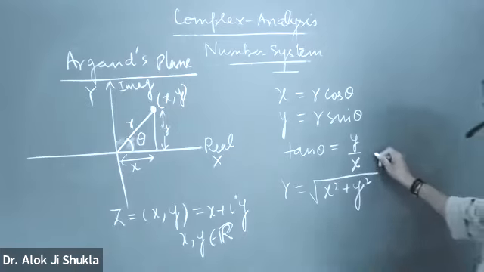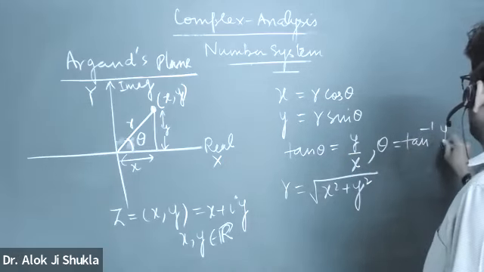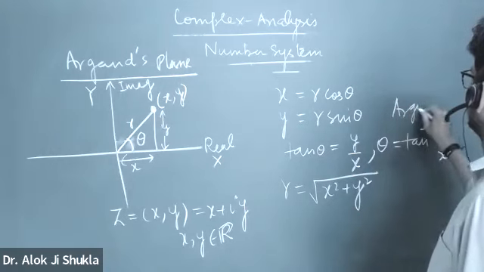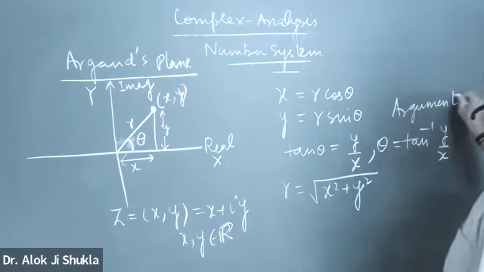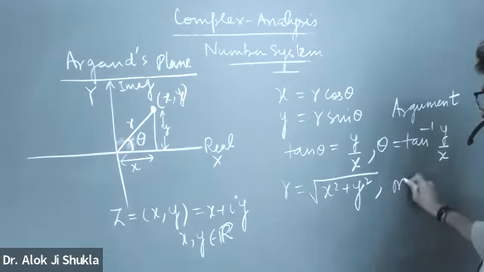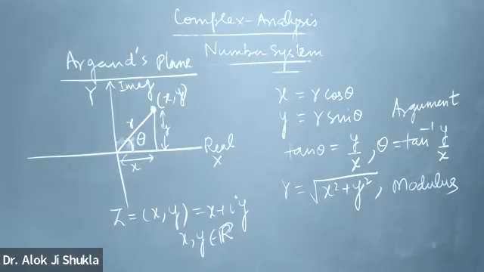So this theta, which is tan inverse y by x, is called argument. And this r is called modulus. This is called argument and this is called modulus.